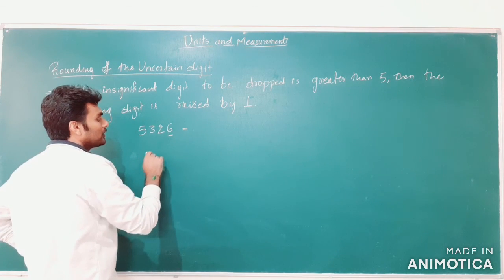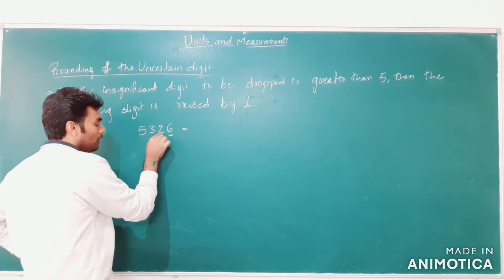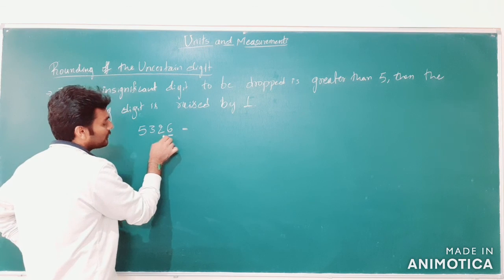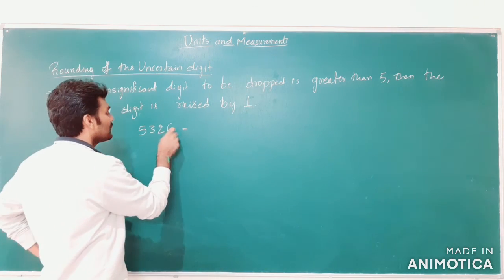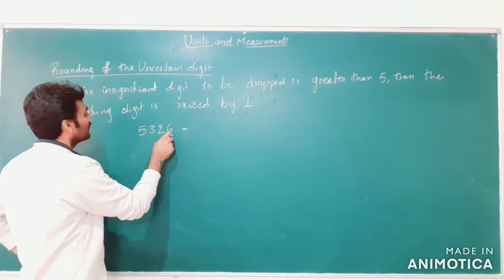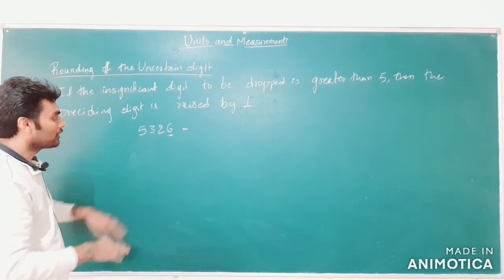How do we remove it? I should keep either 532 or 533 when I want to remove 6. Very easy. This is the insignificant figure because I have to remove it out of the number.